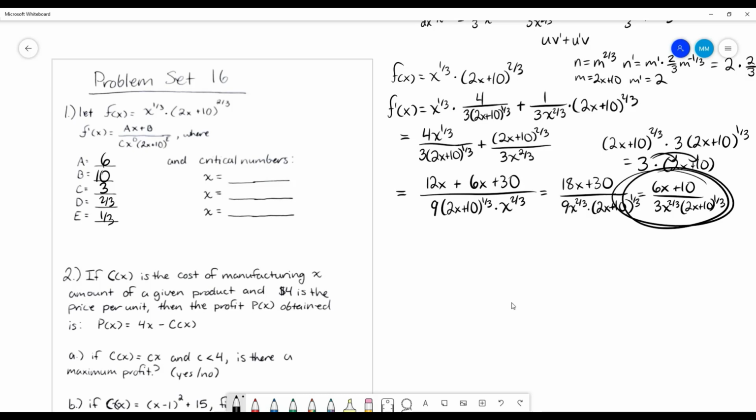Okay, and now all that's left for this question is to find the critical numbers. I know the derivative was kind of a little tedious, but now that we know it, finding our critical numbers is an easy task because we just need to figure out when it equals 0. We'll notice that there shouldn't be anything out of the domain except for x equals 0, because if x is 0, then this is 0, making the whole denominator 0.